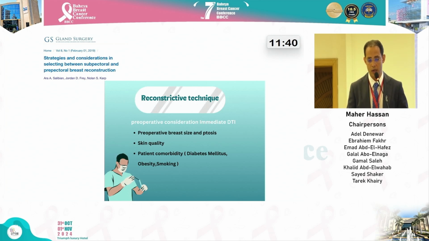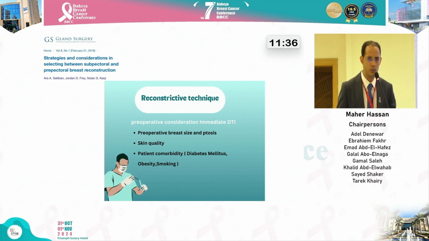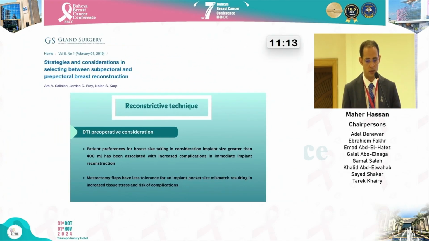And in general, we have to focus on preoperative considerations regarding immediate breast reconstruction with implants, like preoperative breast size and ptosis. There is a very good outcome with moderate to small sized breasts, and it is risky in large ptotic breasts. Then the skin quality, and the most important points regarding the comorbidities like diabetes, obesity, and smoking, which affect the outcome of implant-based reconstruction.